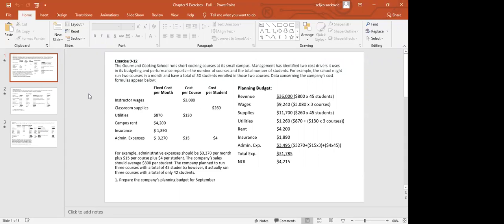So those things will stay the same, right? So that will be a portion of our flexible budget. Let me go to the lecture quickly, just to point out the main things.